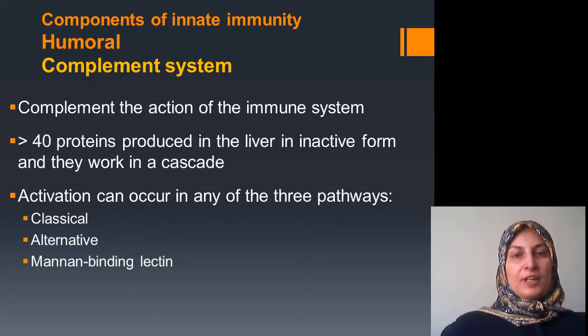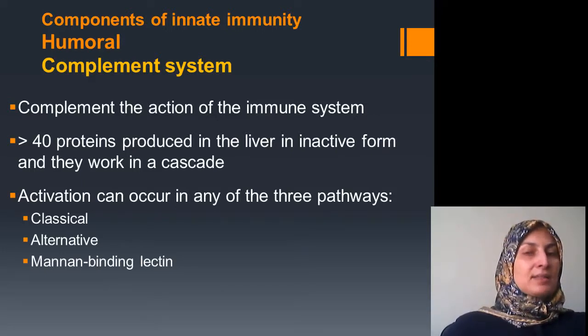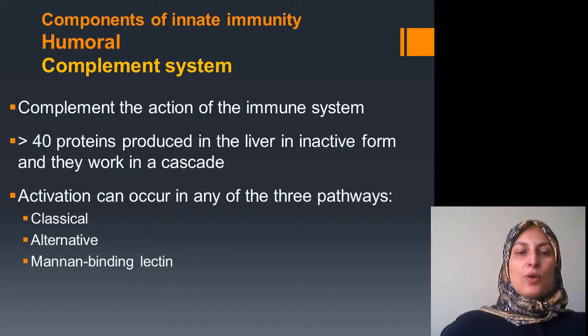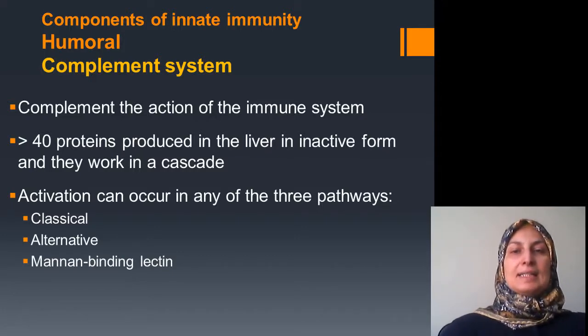Later on, they discovered another pathway where the complements can be activated. In the third pathway that was discovered, a mannan-binding lectin protein was involved. So they called that the mannan-binding lectin pathway.